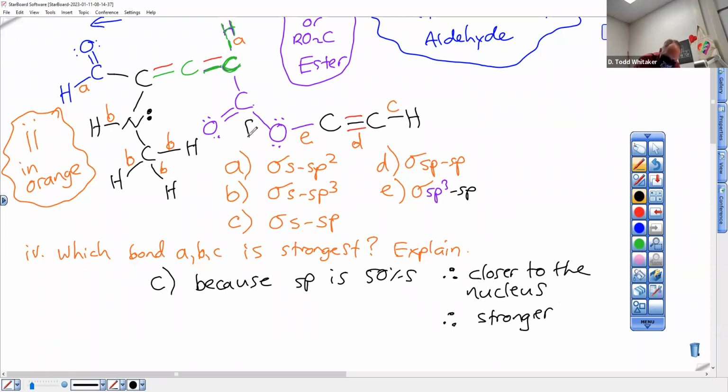Oh, don't change the color now. F and F. sp to sp. Oh, no, that's wrong. Never mind. That's sp3, oxygen to sp. And then we have sp3 nitrogen to sp. And I think that's it for F. Sigma between sp3 and sp2.